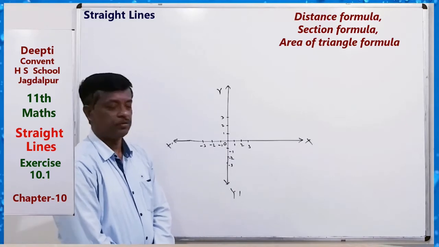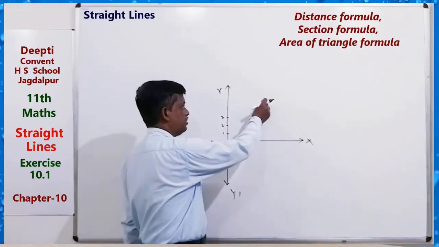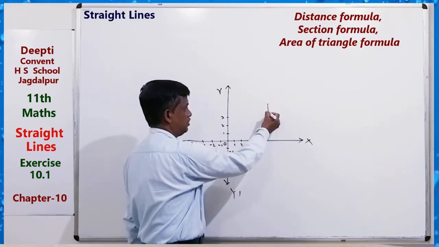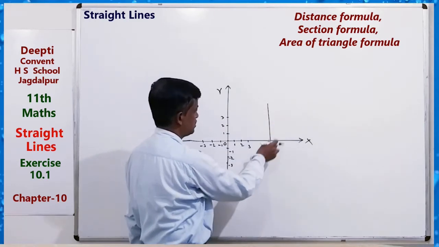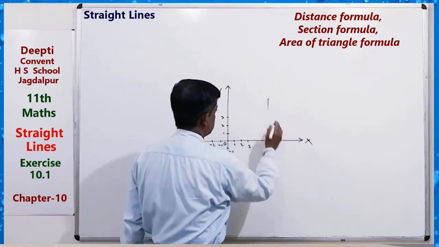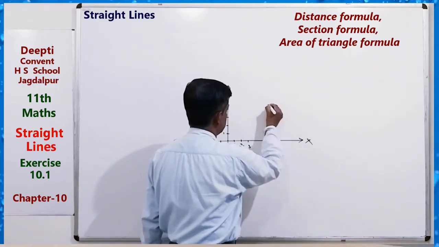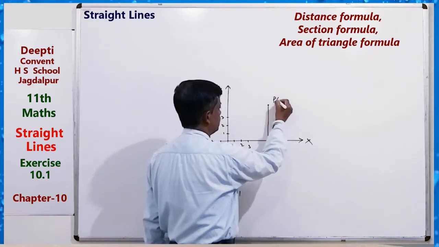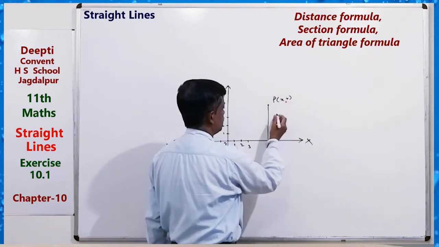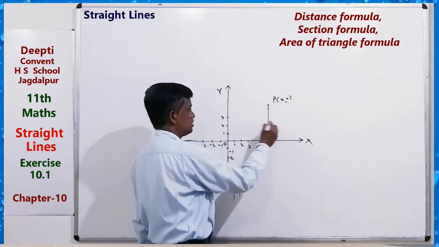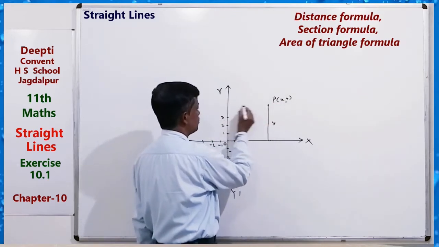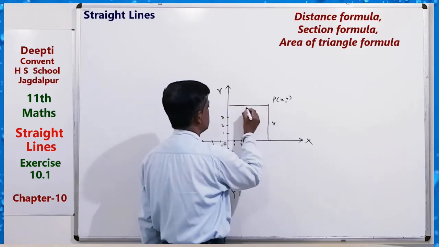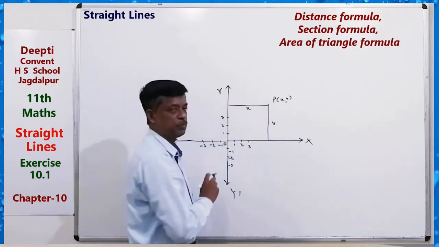We know how to represent a point. If this is a point denoted by (x, y), then this perpendicular distance along the y axis is y, and this distance is x, the perpendicular distance.